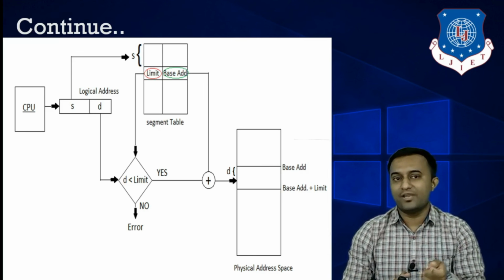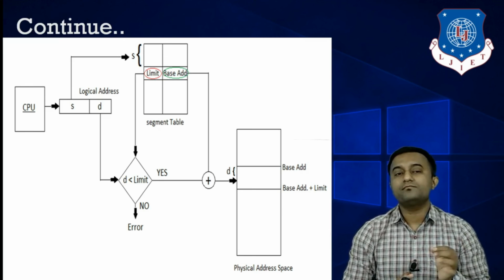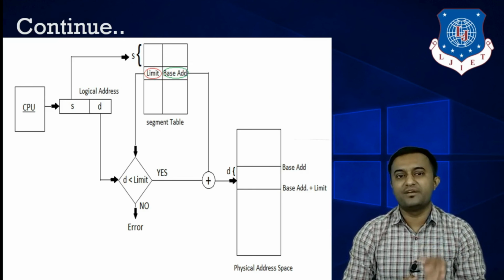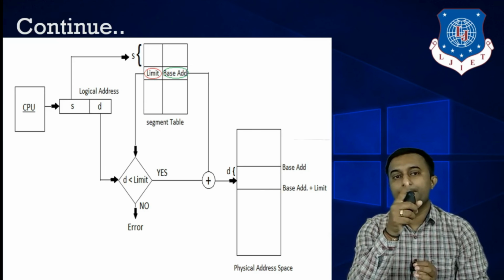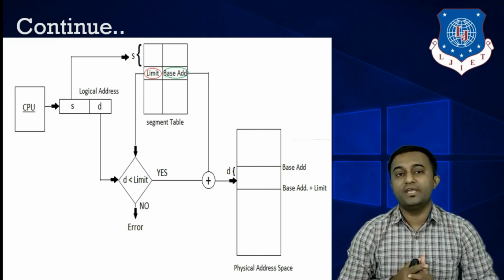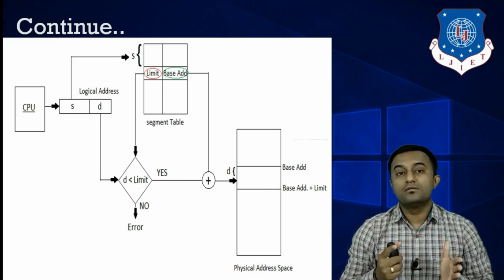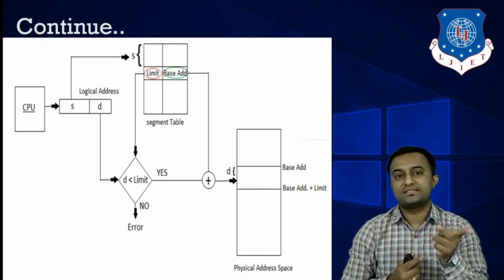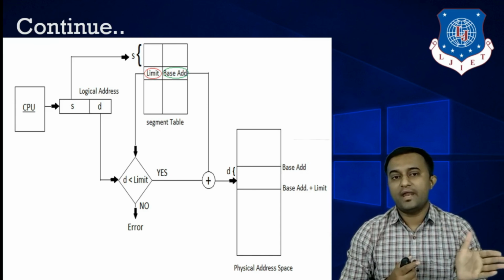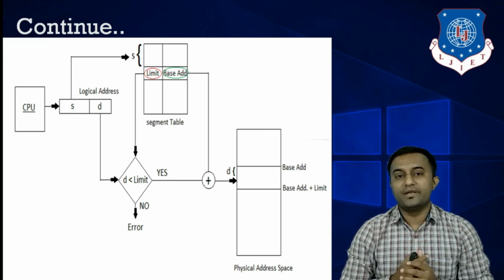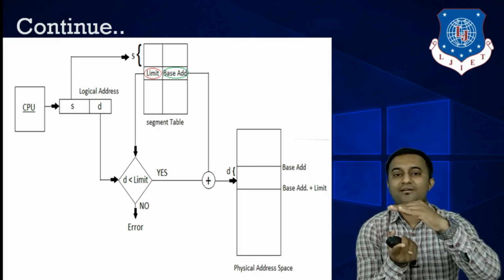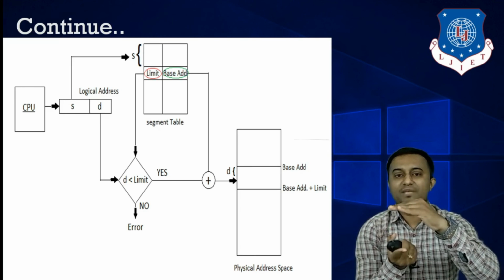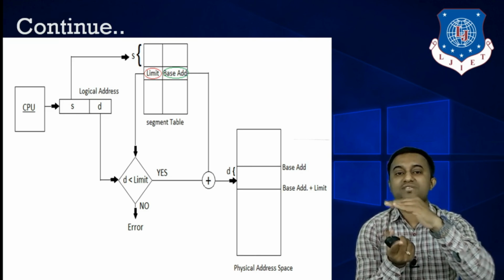This offset value, or we can say limit value, say for example 300, would be appended with the help of the base address of the segment. So the segment base address and this limit, its total limit, so that we can access the whole block or the whole partition of the main memory that we call a segment.